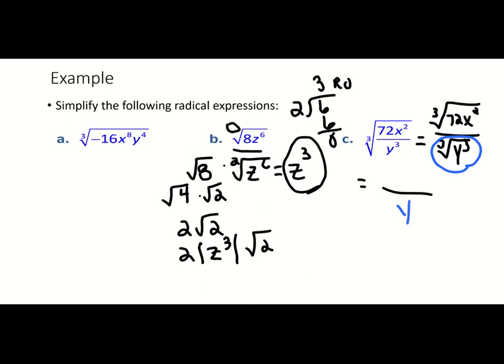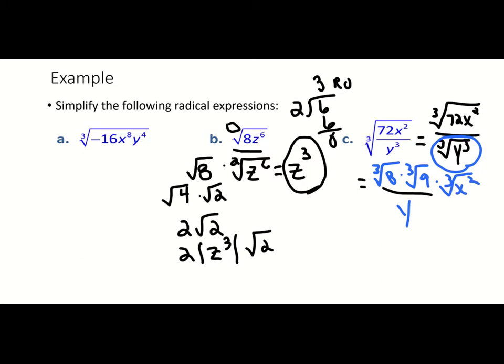Now we do need to break up the top part, and the cubed root of 72, I know that I can break that up into the cubed root of 8 times the cubed root of 9 times the cubed root of x squared.